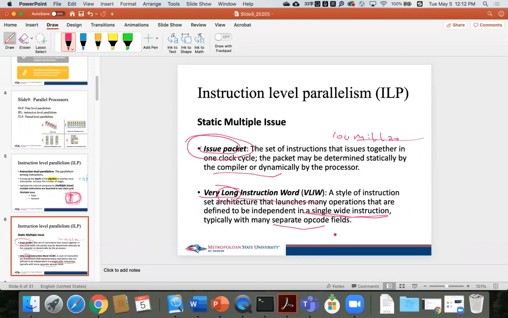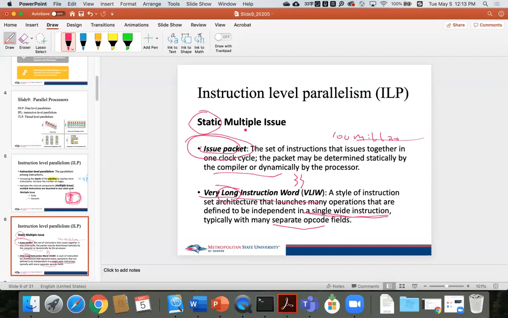For example, one instruction could mean load data from memory, perform addition using the ALU, and also store another piece of data into memory. So a very long instruction could have multiple operations at the same time, which is a similar idea to a packet of different instructions. Those are static multiple issue techniques.